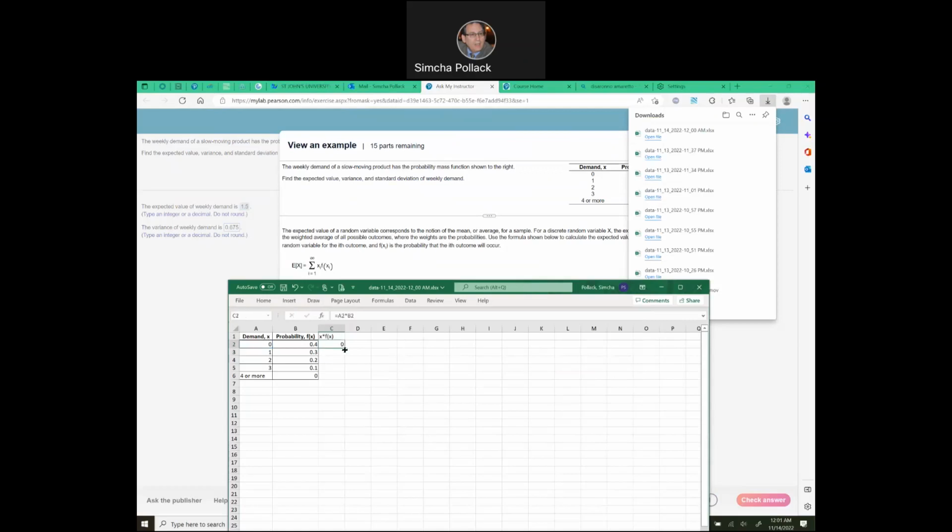You pull it down to multiply the other 3. You add them together, equals sum of, pull them down here again, close it with the enter sign, and the answer is 1. So the E of x, E capital X equals 1.